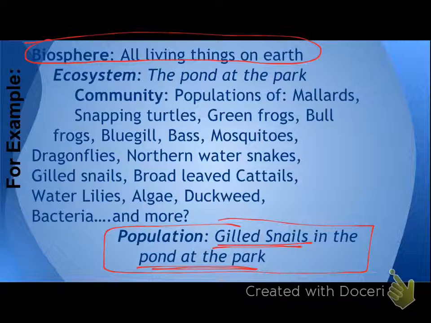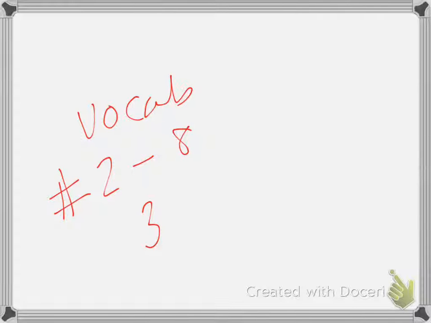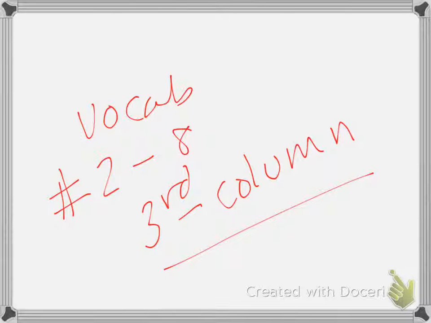We didn't define it so much, but we talked about it: the atmosphere where living things are, the envelope of gases around our planet. So biosphere, atmosphere, ecosystem, biotic. Basically everything down to number 8 except for number 1, so numbers 2 through 8. You should be able to define those in your own words for tomorrow. Vocab numbers 2 through 8, third column. You can start on that, and we will pick this all up tomorrow.